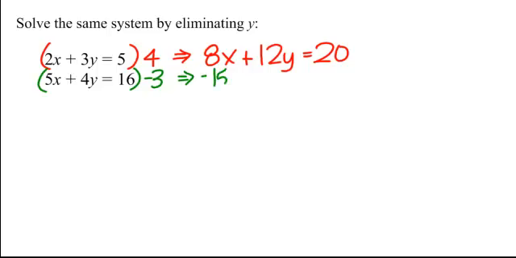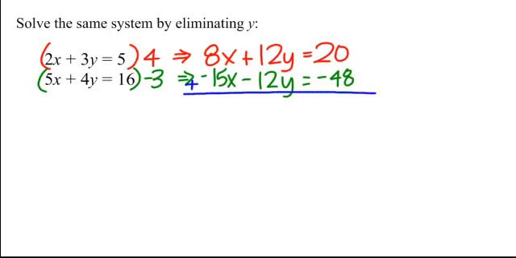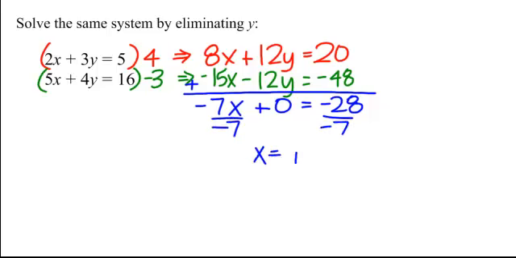So this gives me negative 15x minus 12y equals negative 48. So again, we can add these guys up. I end up with negative 7x plus 0 equals negative 28. And then if I divide both sides by negative 7, we end up with the same answer that we did before. x has to equal 4.